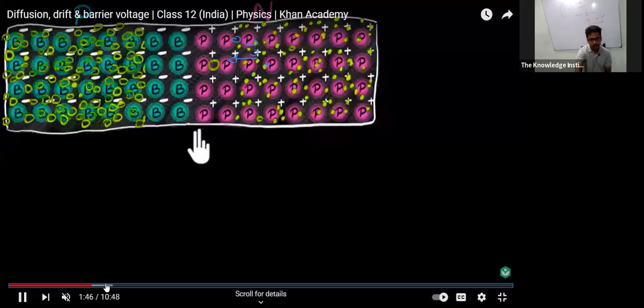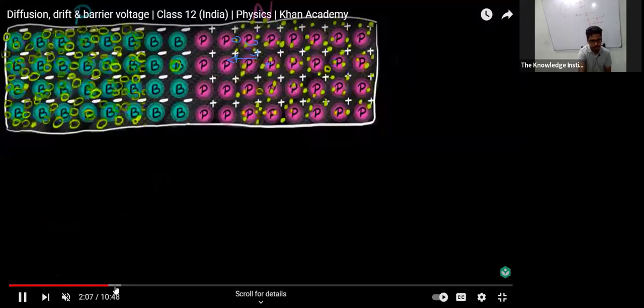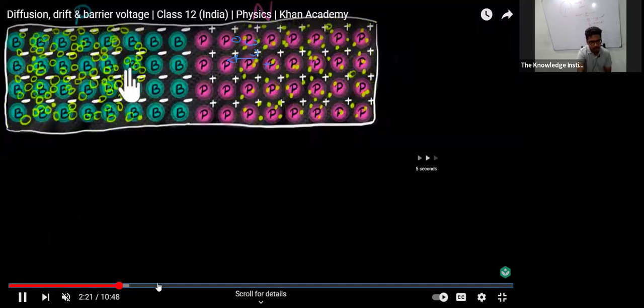So here again, discussing the diffusion current and reverse current. Keep this part.